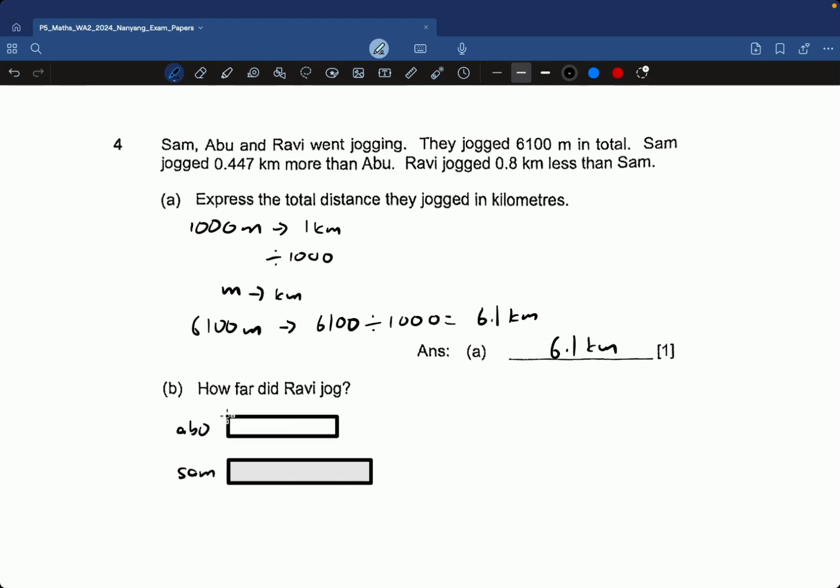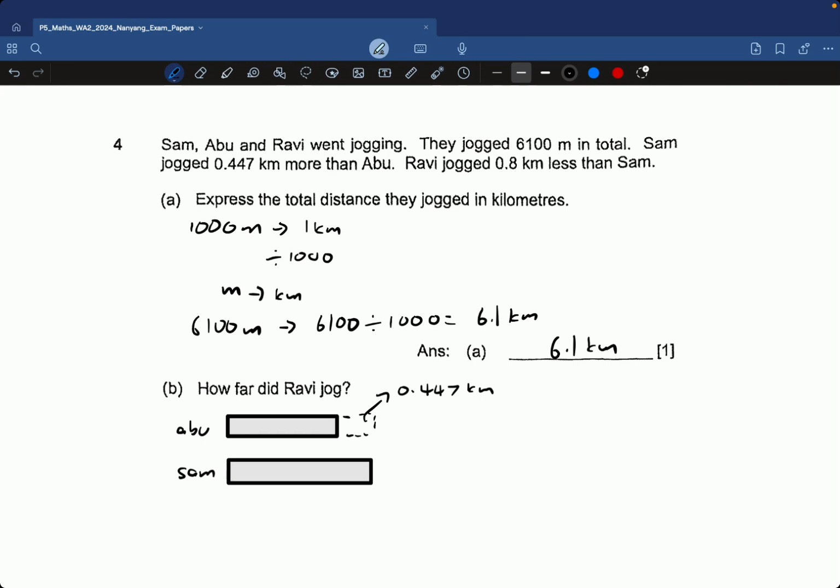So Sam jogged more. So Abu is not a lot. Okay, in this case. So how much more? He jogged in this case 0.447 kilometers. So this is 0.447 km more.